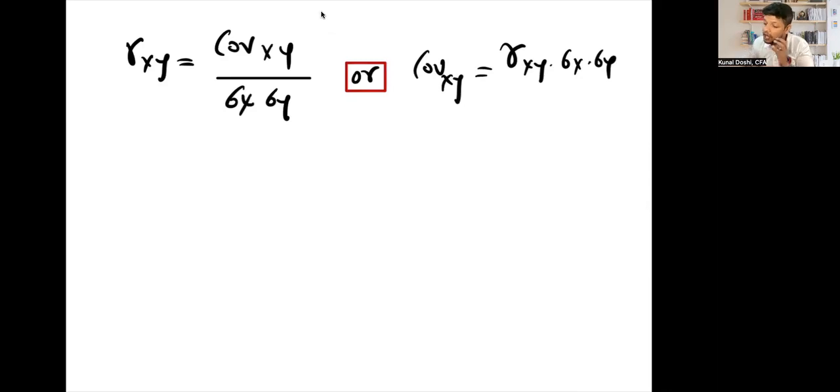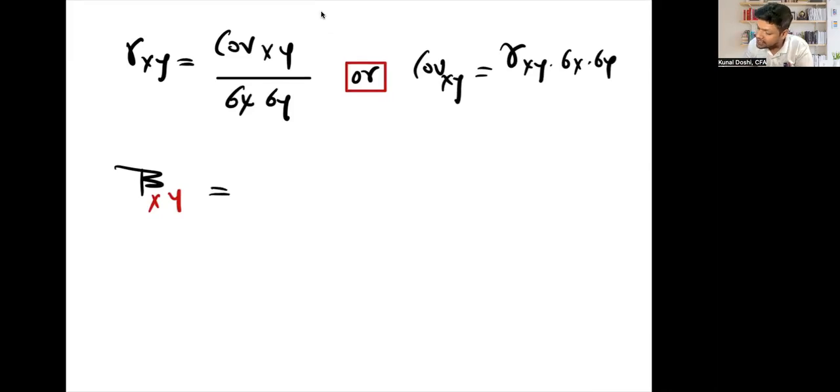Now, what is the formula of beta? Beta is always calculated between the stock and the market. In our case here, the stock is Y and the market is X. X is the independent.